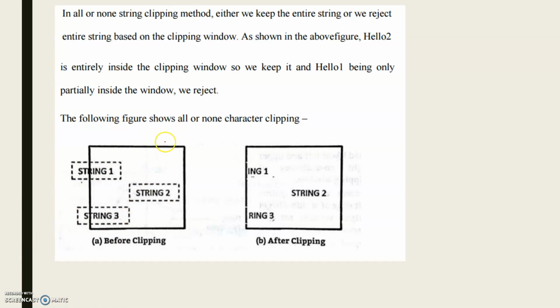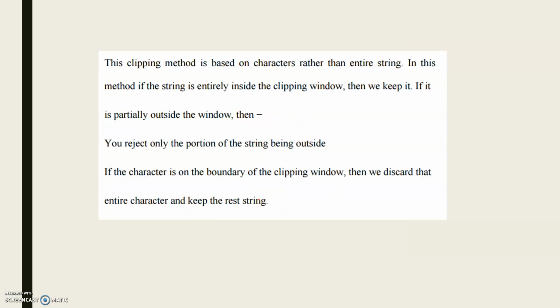The next method is all or none character clipping. This is before clipping and this is after clipping. In this clipping method, it is based on the characters rather than the entire string.